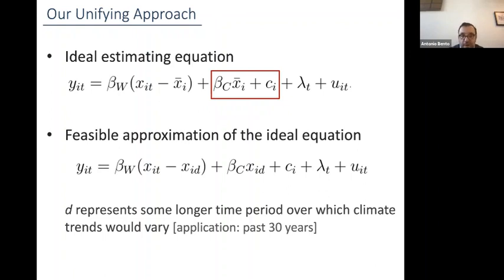And if you did the decomposition correctly, per the theorem I alluded to earlier, indeed, you will have all the ingredients to estimate in the same equation beta W and beta C and overcome the omitted variable biases of cross-sectional studies.